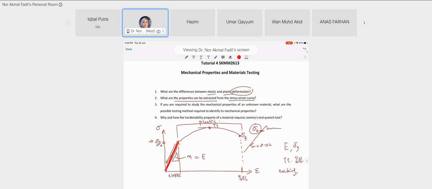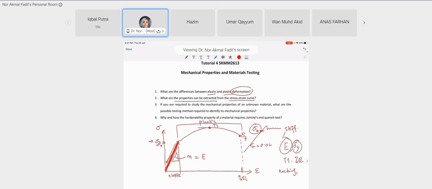When we talk about, oh, I have this material, what are the properties? One is it has Young modulus, stiffness. If you want to design a stiff structure, you need to look at Young modulus. If you want high strength at a specific load, you need to look at the yield strength.